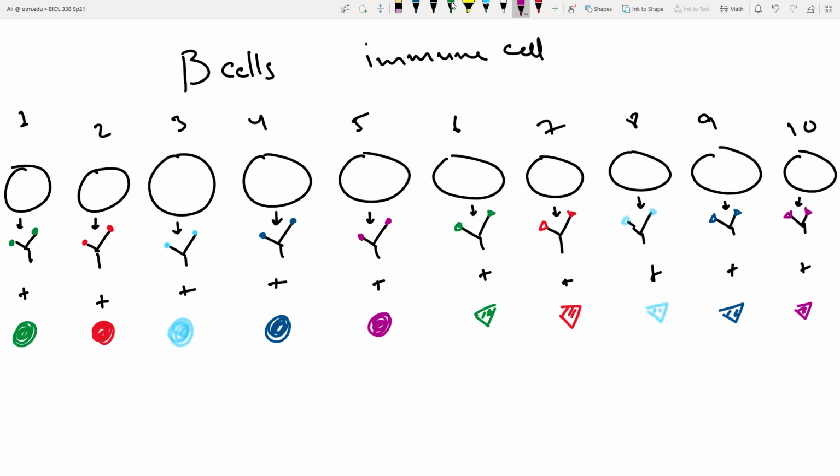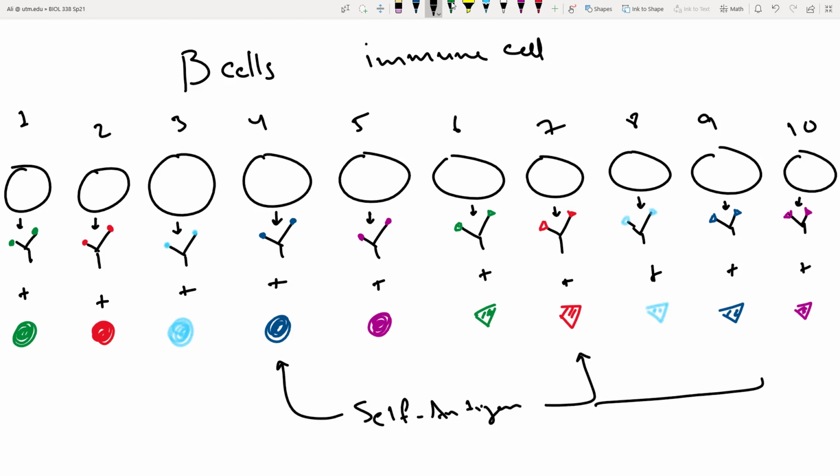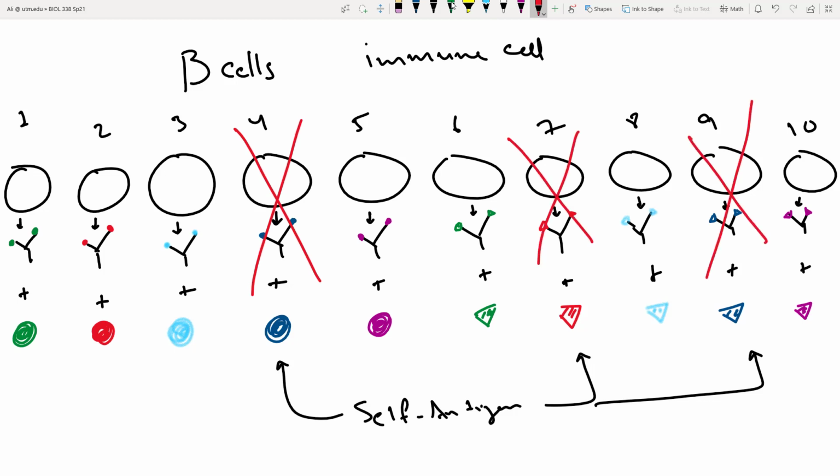During development, any of these antibodies that react with a self-antigen, meaning one of your own proteins, will be deleted. They'll be removed from the pool. So let's imagine that this is a self-antigen, this is a self-antigen, and this is a self-antigen. During development, these will be deleted from the antibody library because this could lead to humongous problems if they're left around, because then you would have autoimmune disease.